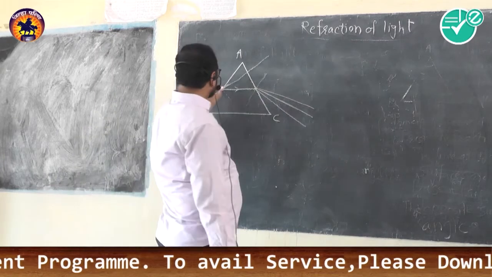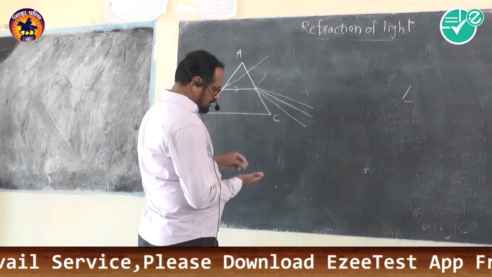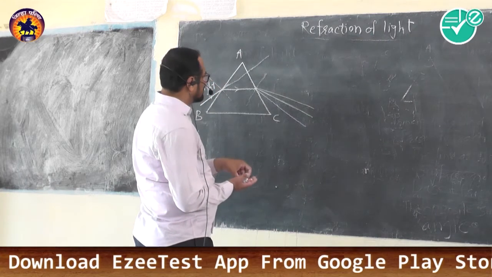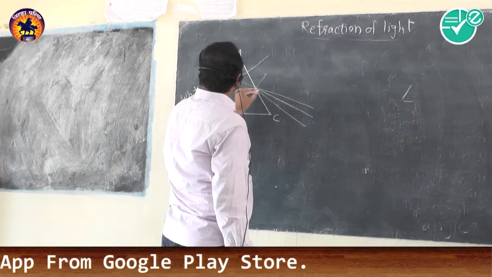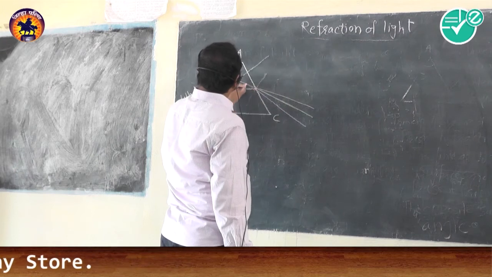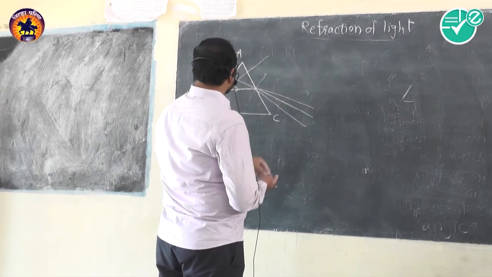So here if we go back, these three colors, then we will get here one angle, then again here second, and here is the third one. Now this angle is delta.